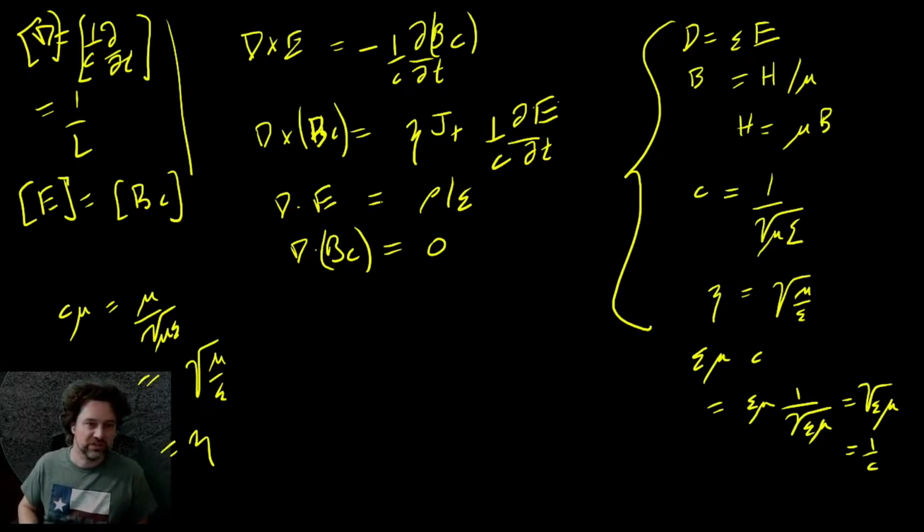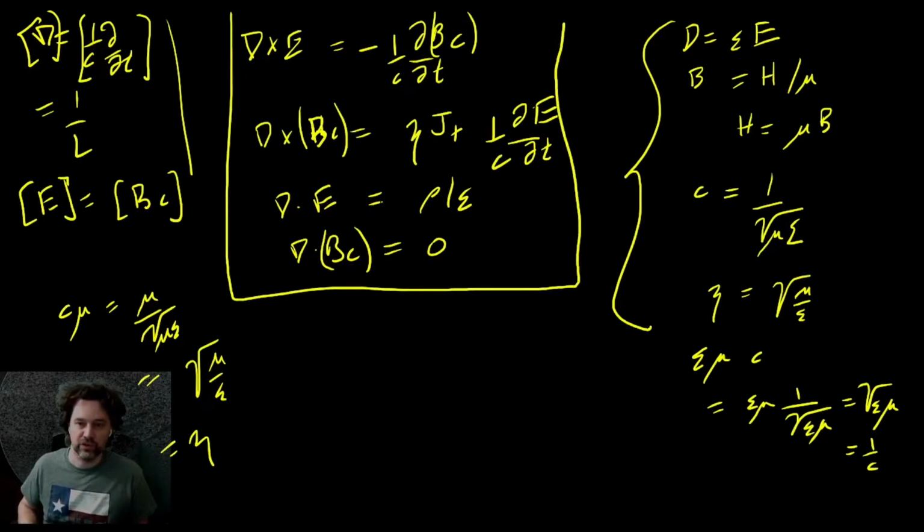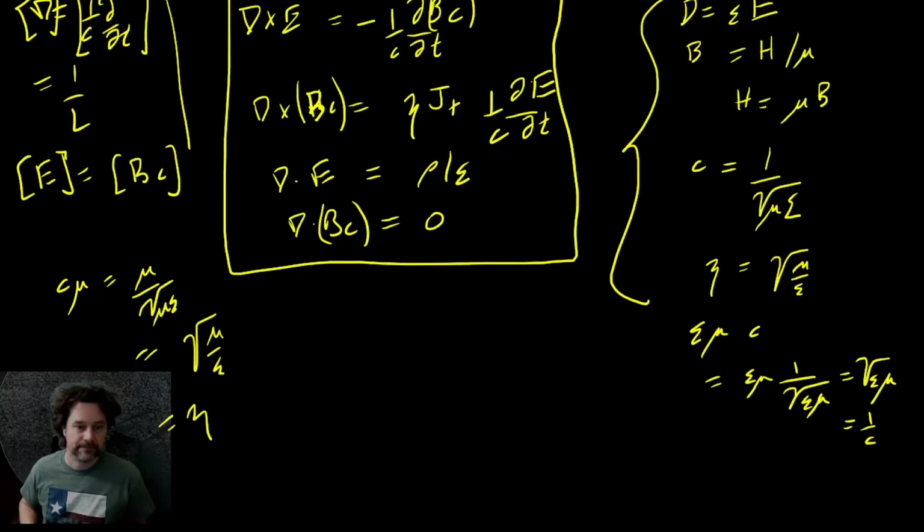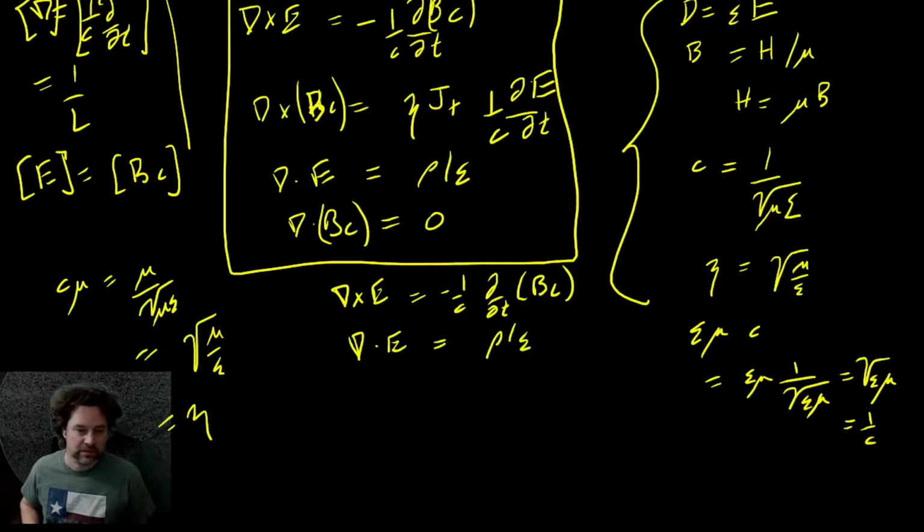All right. Here's Maxwell's equations, still in vector form, but ready to put into a simpler representation. I'm just going to regroup all of these. So we have grad cross E is minus 1 over C d dt of BC. Grad dot E is rho over epsilon.